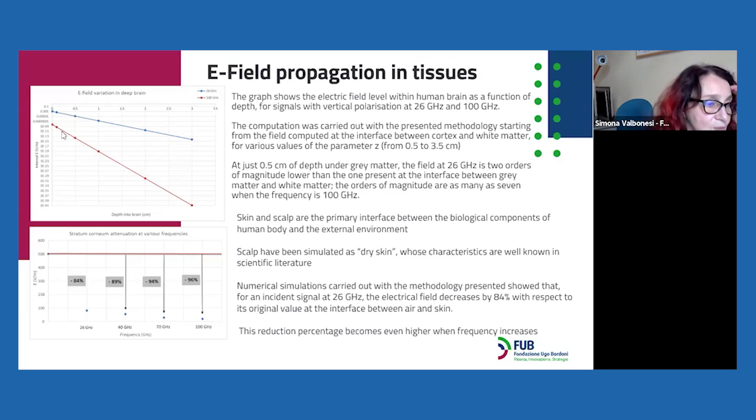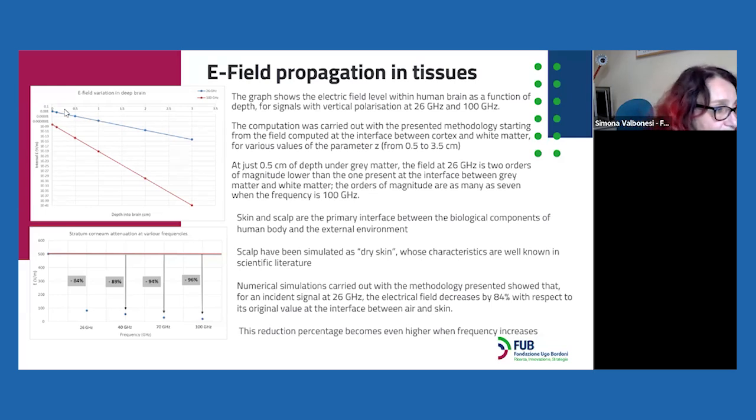The computation has been carried out with the methodology presented, starting from the field computed at the interface between cortex and white matter, for values of the parameter t comprised from 0.5 to 3.5. If you ask me why I did not put the point for 3.5, it is that the graph would be out of the slide.